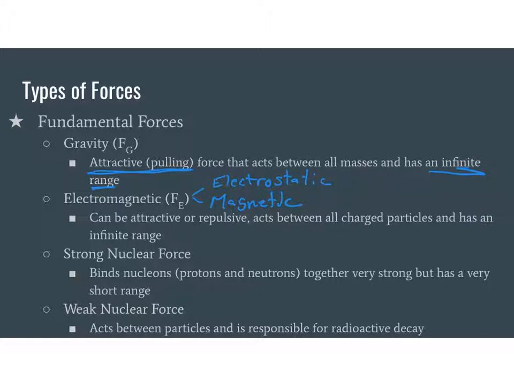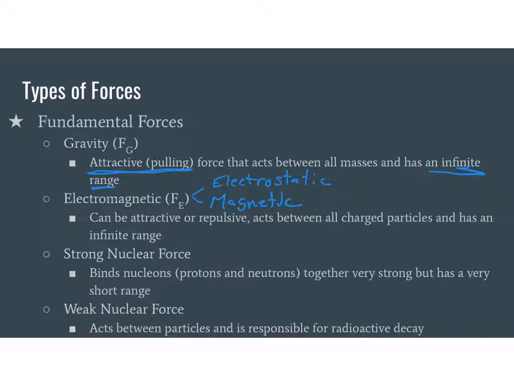The electromagnetic forces can be attractive or repulsive, so that's one way that they're unique from gravity. It's also relatively large. It's bigger than the gravitational force, and it acts between any two charged particles. So where gravity was exerted between anything that had mass, electromagnetic force is between anything that has charge. It also has an infinite range.